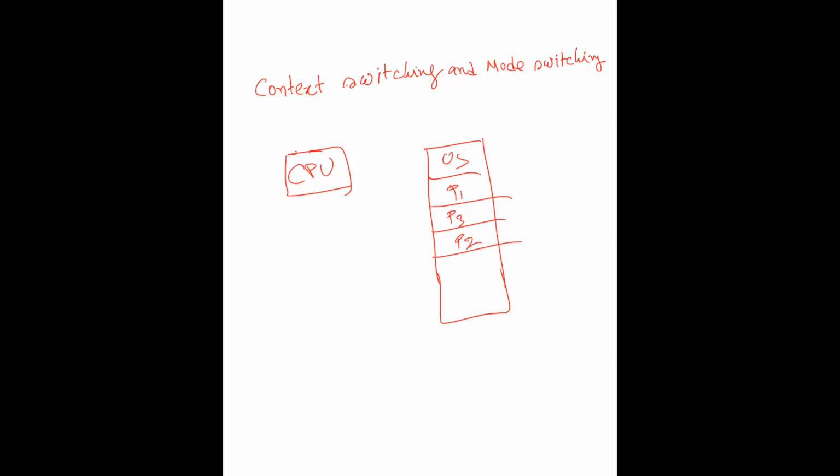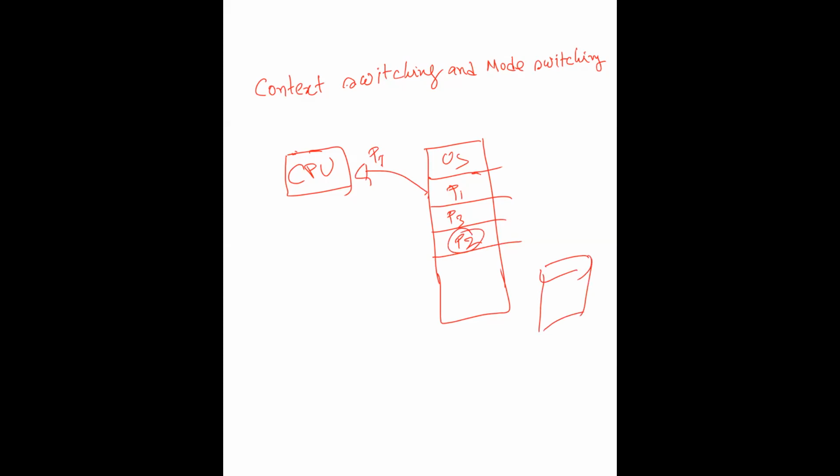Currently your process P1 is executed by the CPU, and then P3 comes from your disk to RAM, and P2's priority is higher than P1.